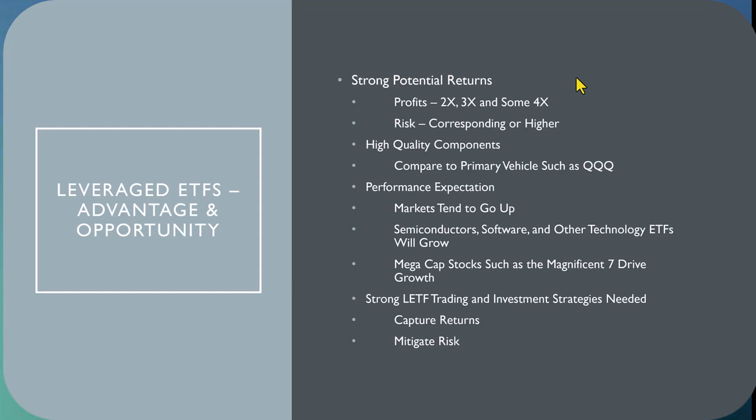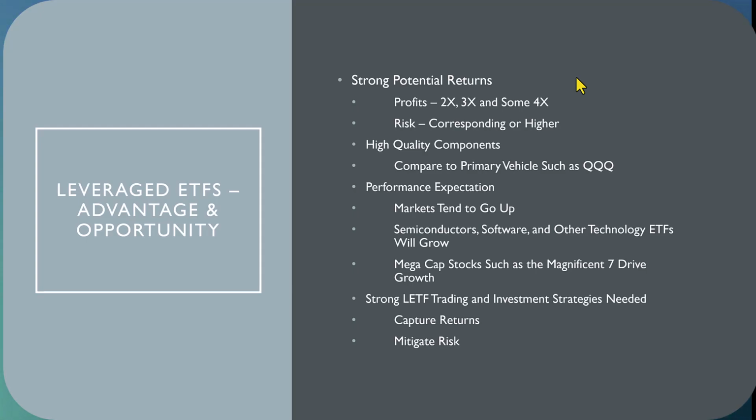The nice part is that generally these are comprised of very high quality components, which is very important as far as the success of these instruments. It really helps to compare the leveraged instrument to the primary vehicle.